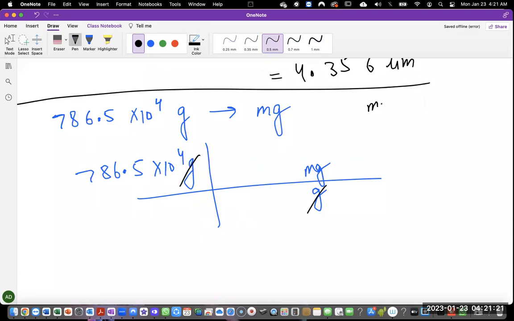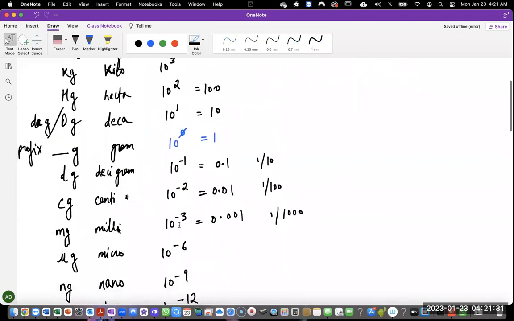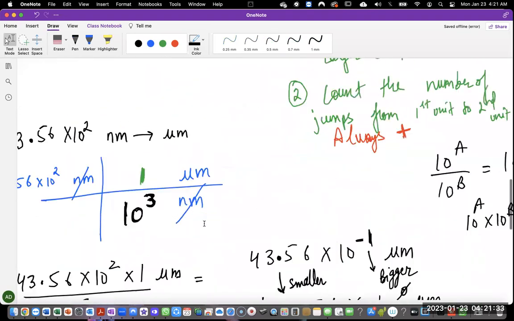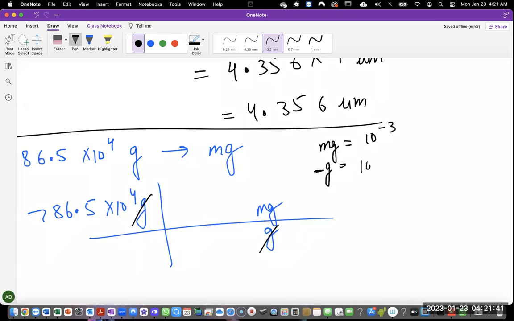Now is the time to make the conversion factor. How do you make a conversion factor? You see what these units stand for. So milli, we know from our chart, is 10 to the power -3. What is no prefix? Remember, guys, gram has no prefix. And remember, we have mentioned this already. It means 10 to the power 0. No prefix means that it's just 1, right?